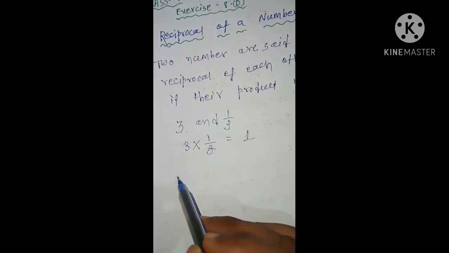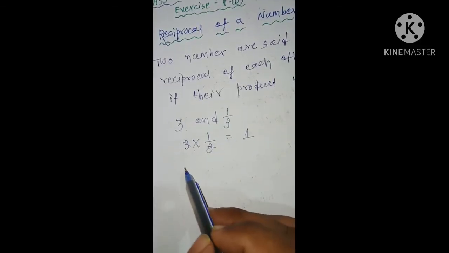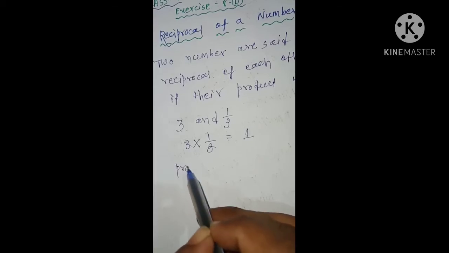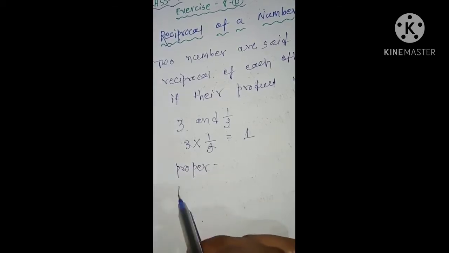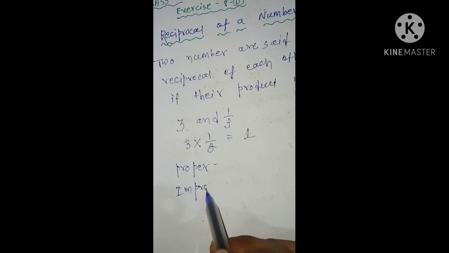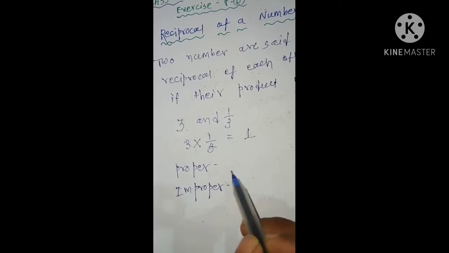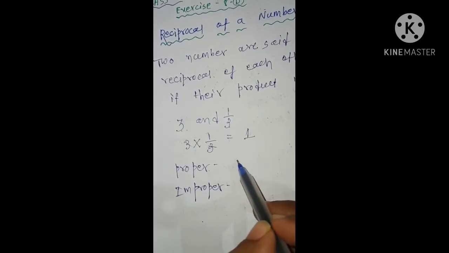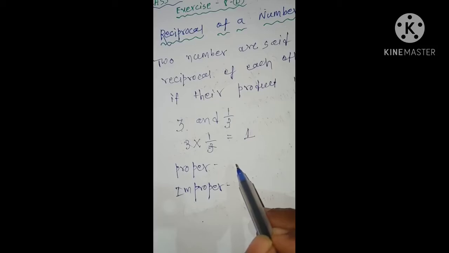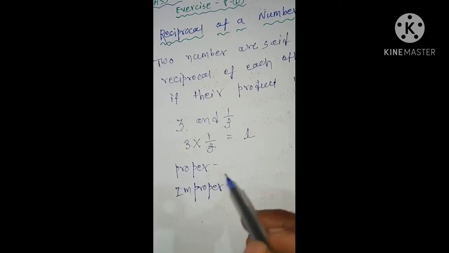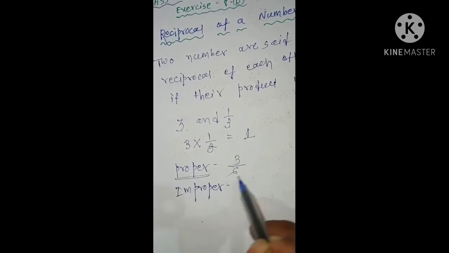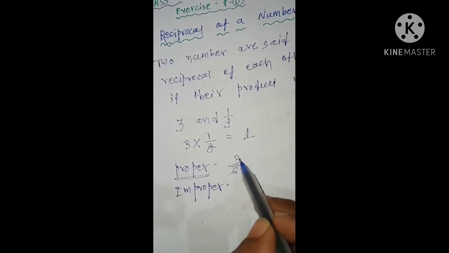Normally, in any proper fraction or improper fraction, if we interchange the numerator and denominator, then we will get the reciprocal of that fraction. Suppose in proper fraction I take 3 by 6.